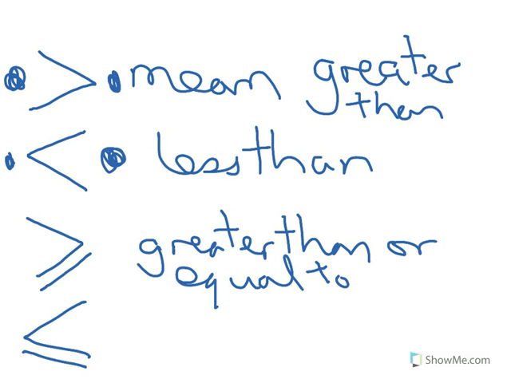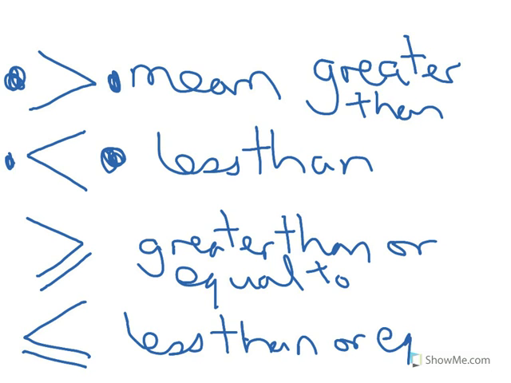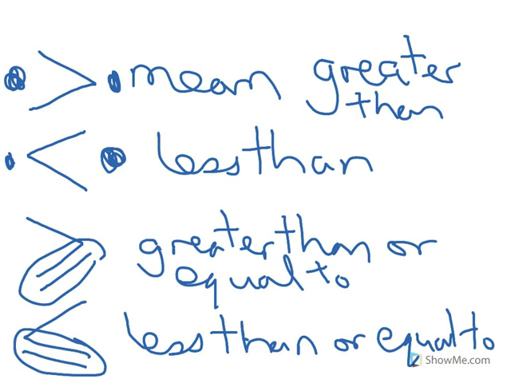And then the one at the bottom reads as less than or equal to. As you see, the bottom of them in both looks like an equal sign, so it's the equal to.